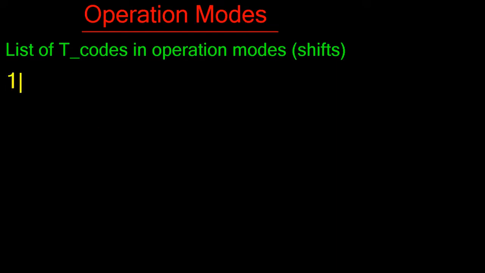The first one is RZ04. Second one is RZ03. RZ04 is the T code to create an operation mode, meaning shifts.